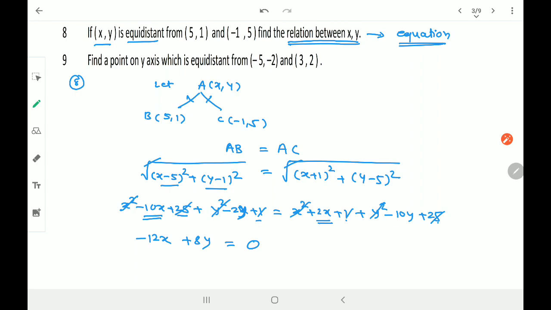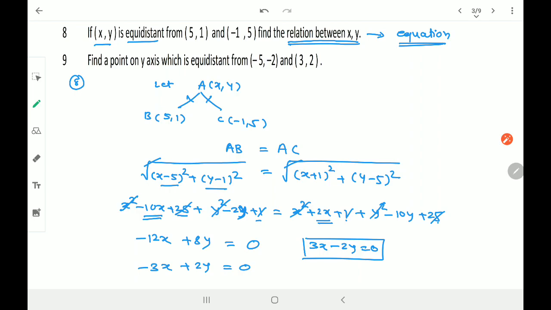There is nothing as a constant term left. So I got the equation. Only thing is that I can simplify it by dividing by 4. I get minus 3x plus 2y is equal to 0. I can even multiply or divide by minus 1. So I get 3x minus 2y is equal to 0 as a relation in x and y.